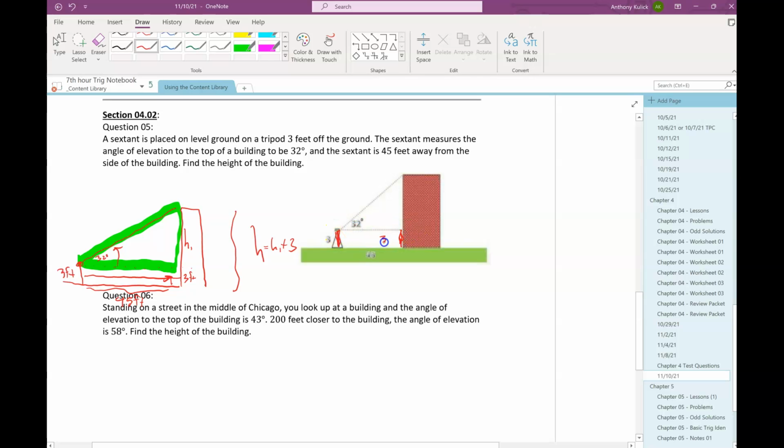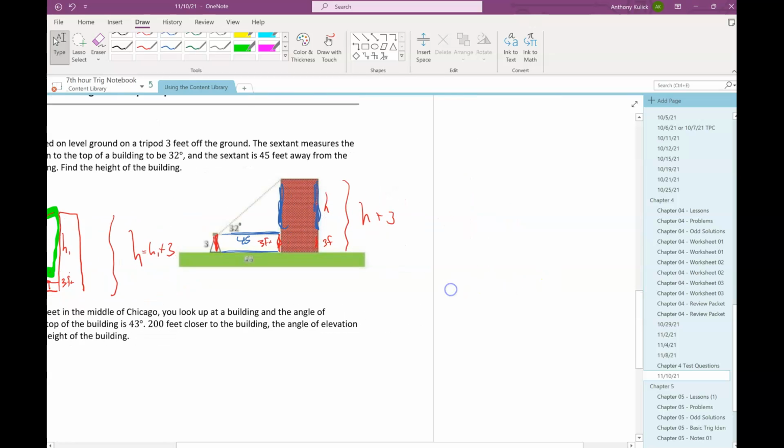From here to here, I'll pick a different color, is my side H. The overall height of the building is H plus 3, right? Since this piece is 45, that piece is also 45.